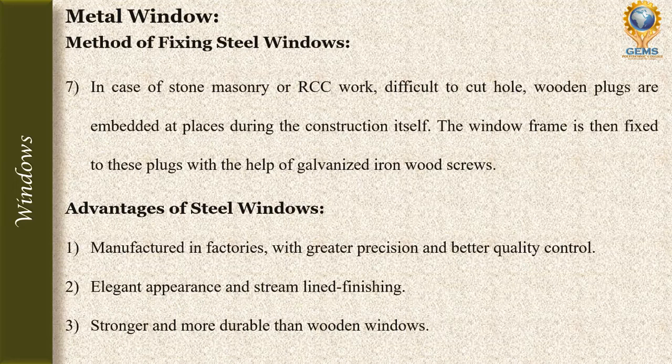So what are the advantages of metal or steel windows? First, metal windows are generally manufactured in factories, so they have greater precision, accuracy and better quality control.